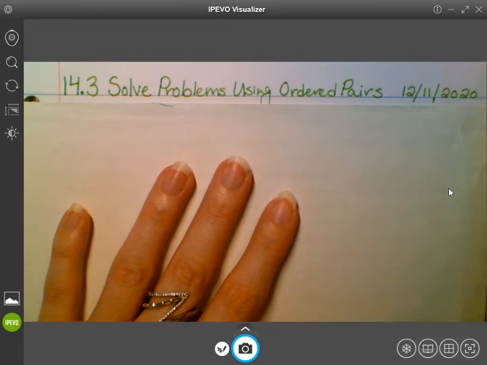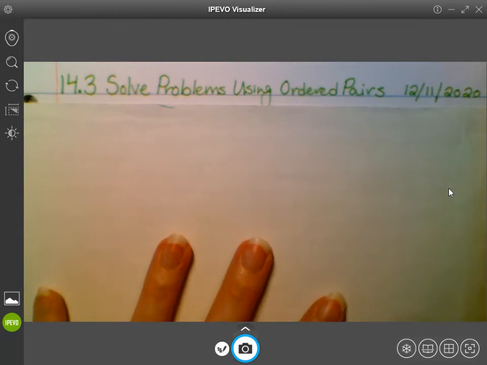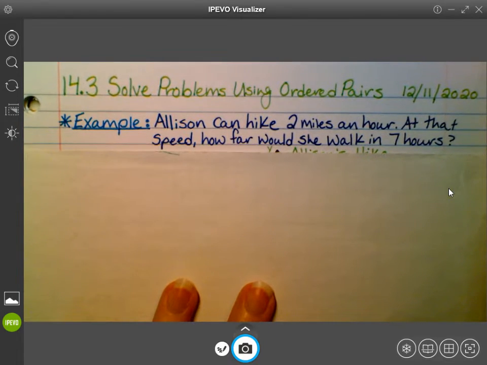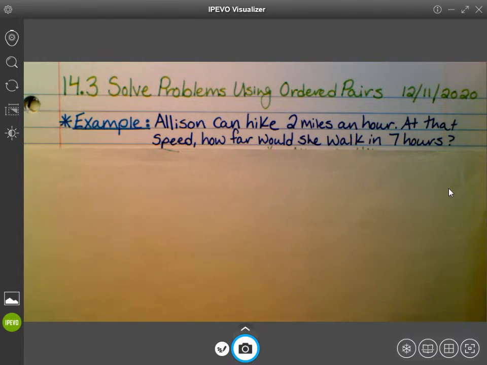All right. First, we're going to write down the problem for our example. Our example says, Allison can hike 2 miles an hour. At that speed, how far would she walk in 7 hours? Go ahead and get this written down. You don't need to talk, just need to write.